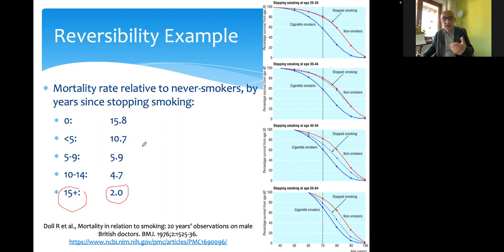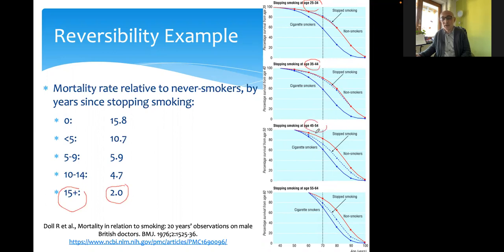Although all these people were smokers, if he quit smoking at age 25 to 34, his risk, as you see, this red line, is very close to the healthy non-smokers. If you stop smoking later, 35 to 44, the gap increases.